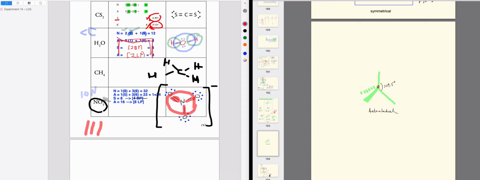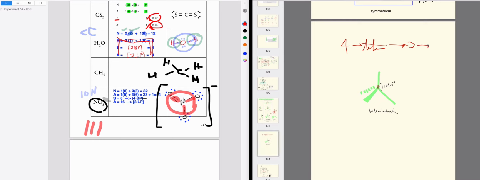We had four areas of high electron density, and if you have four, it means you're tetrahedral. Four things is tetrahedral. And then we looked at lone pairs about the central atom, and we came up with two.